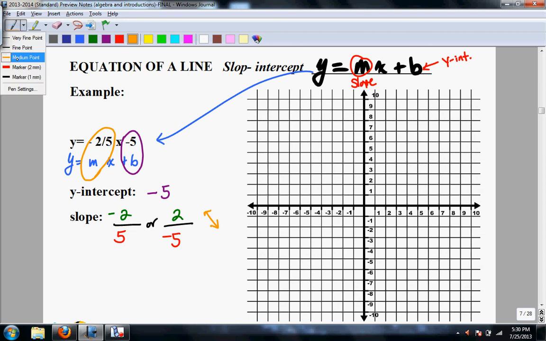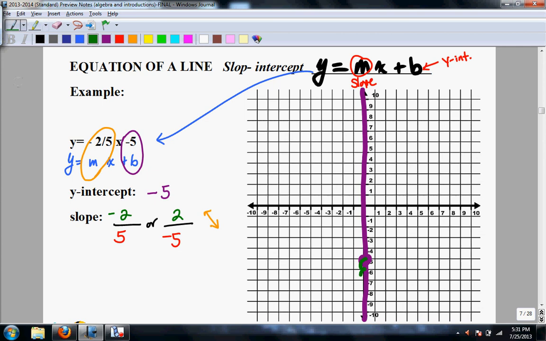Now we're going to start by graphing this intercept, and it's along the y-axis. So I'd like you to trace the y-axis. Now put a dot at negative 5. I'm going to count both of these. Negative 2 over 5 looks like this.